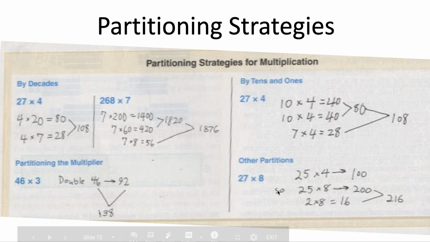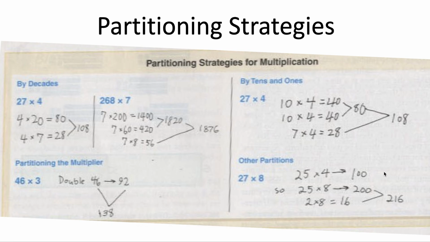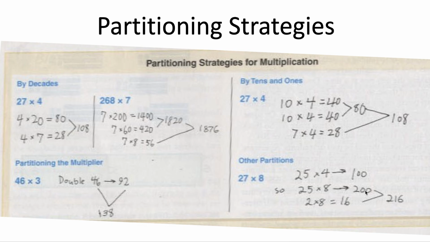Then what is remaining here? 2, right? So 2 times 8 is 16. So this student did 25 times 8 is 200, knowing that 25 times 4 is 100, right? And then added 2 times 8 equals 16 to that. So that is a really cool strategy, all about partitioning or decomposing.